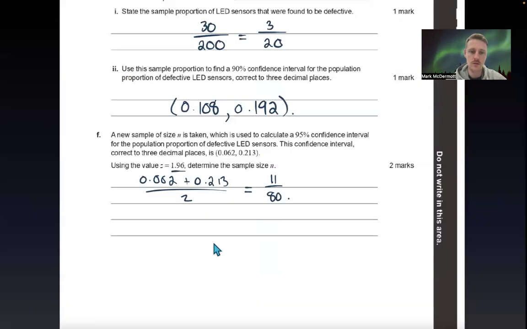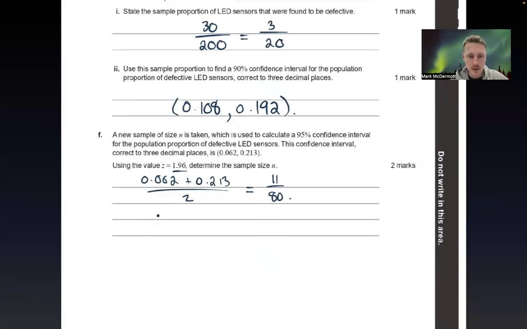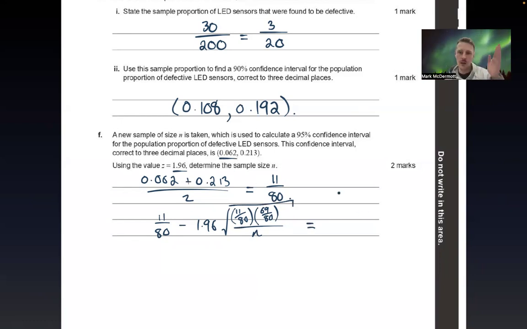So I think what we need to do, if we come over here, is p hat, which is 11 on 80, minus 1.96 multiplied by the square root of 11 on 80 by, okay, 1 minus 11 on 80 is 69 on 80, divided by n. And then all of that equals the lower limit of our 95% confidence interval. So that's 0.062.